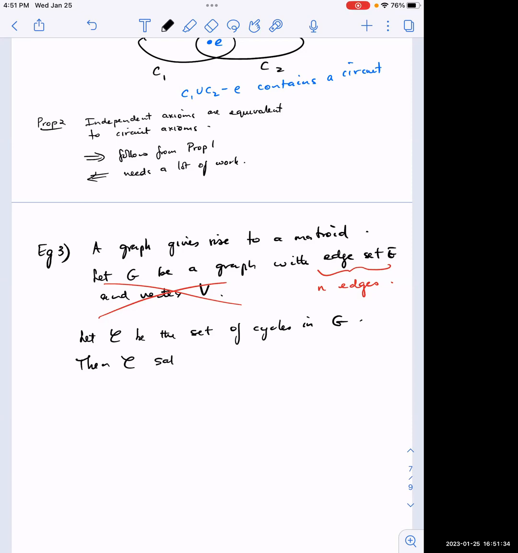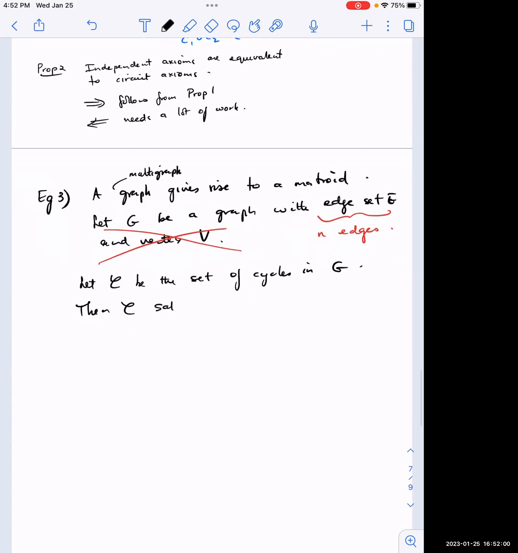And if you want to talk about just graphs without loops and parallel edges, we use the word simple graph. In graph theory, we say graph, we don't allow loops and parallel edges. Yeah, so that's a very good point. Okay, it's always a multigraph. If you want to talk about simple graphs, we say simple graphs. So let C be the set of cycles, and then C satisfies the circuit axioms.